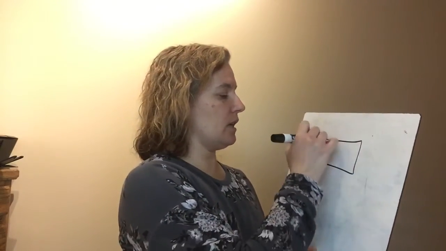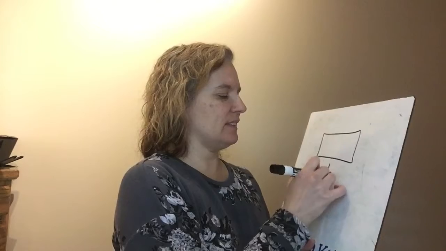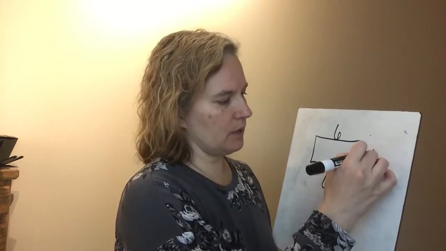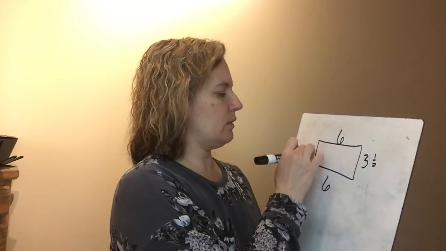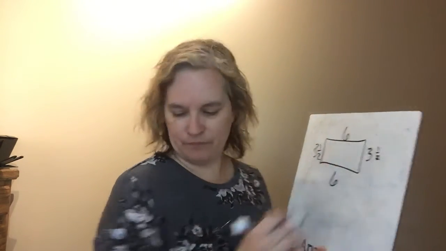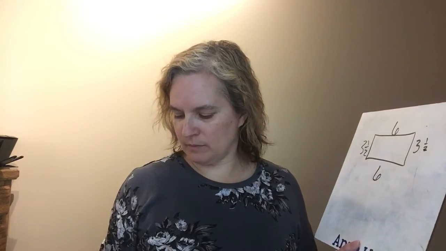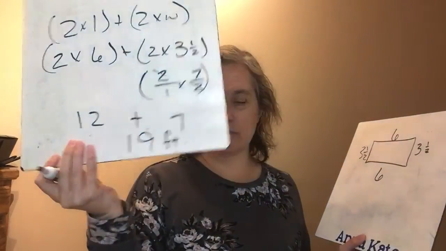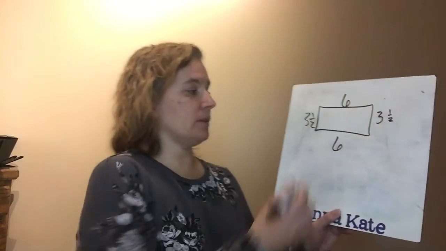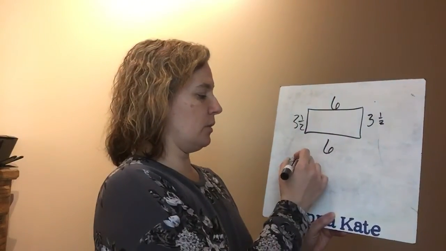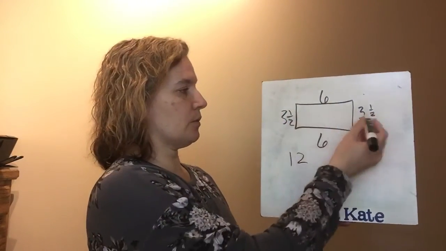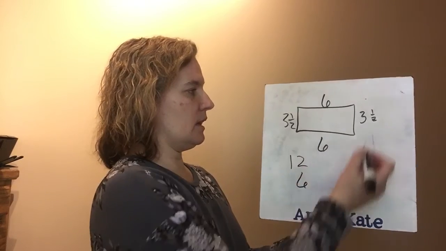Okay, but what I would have done with that same rectangle that I said, 6, 6, 3.5, 3.5. Change that to feet. I would have said 6 times 2 is 12. 3 times 2 is 6.